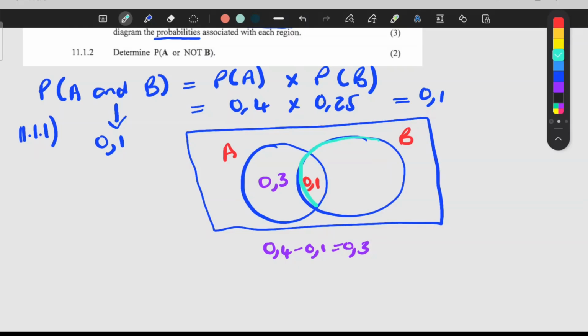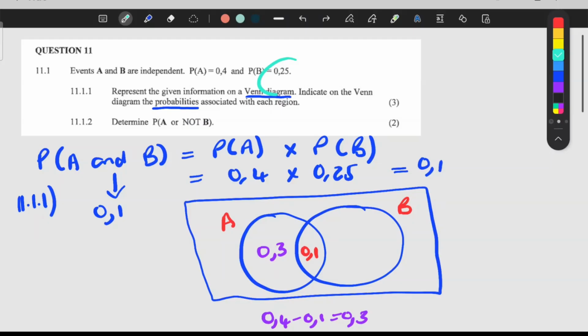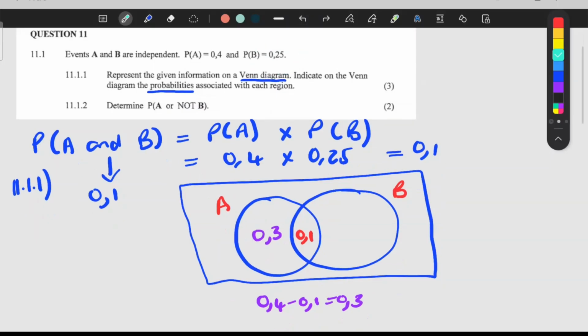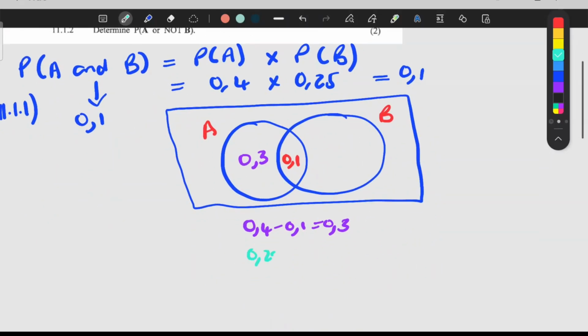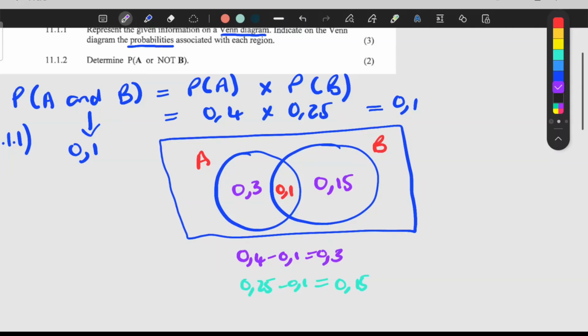Then this whole circle is P of B, so that whole circle must give me 0,25. Here on the side, I'm going to write 0,25 minus this part, that gives me 0,15. So I put 0,15 here. What I also know is this plus that plus the outside must give me 1.